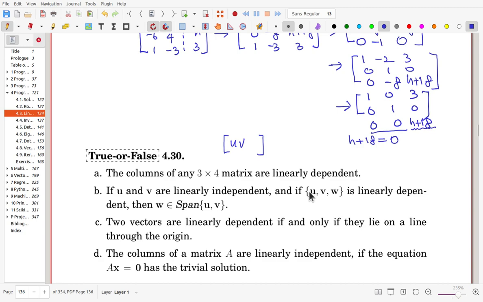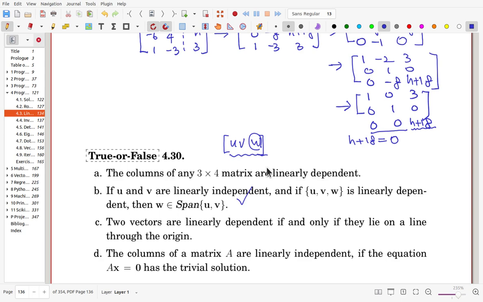And if now you add w as linearly dependent, it means that the 3 vectors make just 2 pivot positions. If there were 3 pivot positions, it would be linearly independent. So that means w must be in the span of u and v. So it is true.